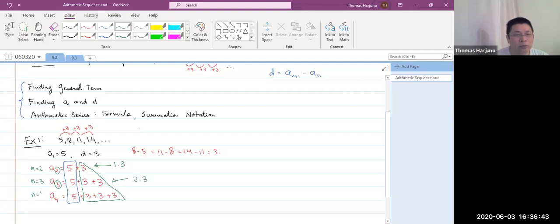When n equals 4, we add 3 times 3. So from here we can see the pattern that the nth term of this arithmetic sequence is given by 5 plus 1 less than n times 3. Of course we need to simplify. So I get 5 plus 3n minus 3, which is 3n plus 2.